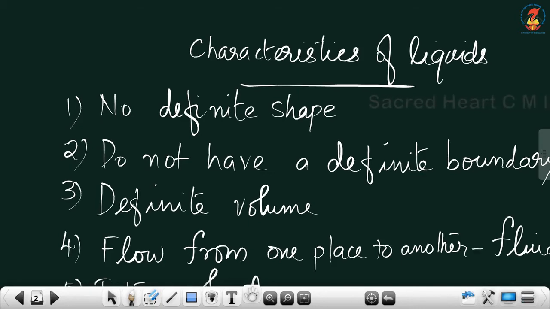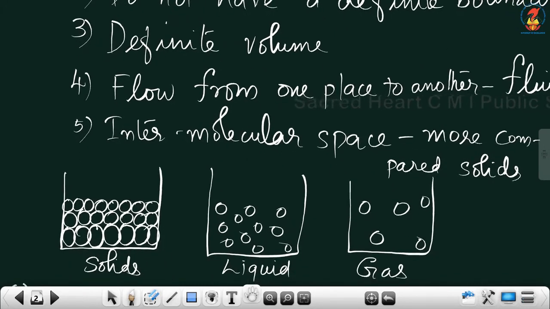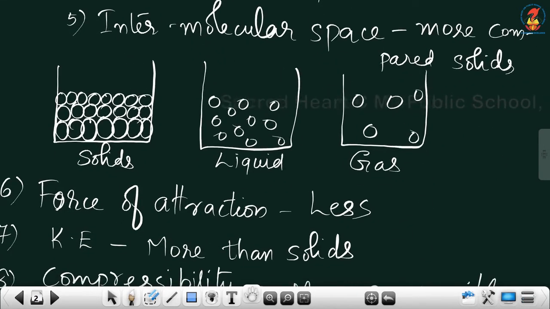And if we consider the arrangement of particles, this is the arrangement in all three different states: solids, liquids and gases. The intermolecular space between liquid particles is more compared to the solids. As the particles have more space, the force of attraction is less. As the force of attraction is less and intermolecular space is more, they are able to move from one place to another more than the solids, so their kinetic energy is also more.